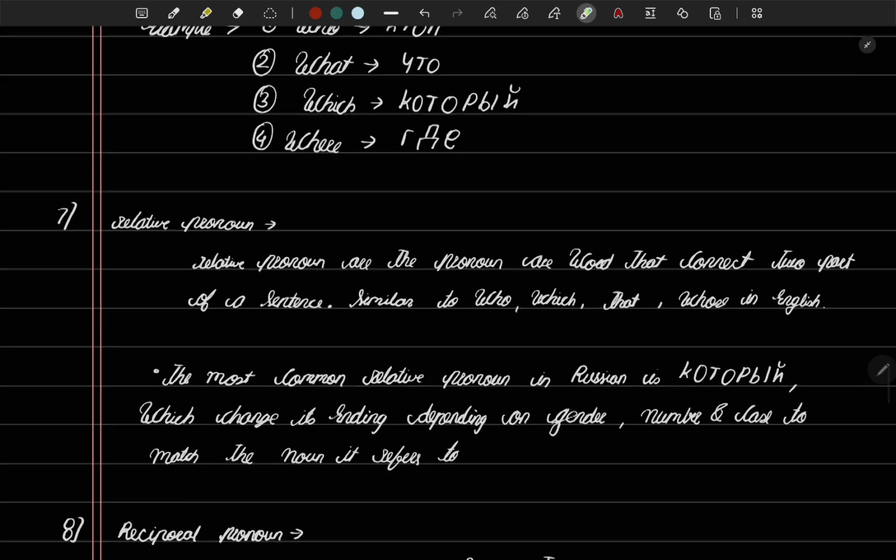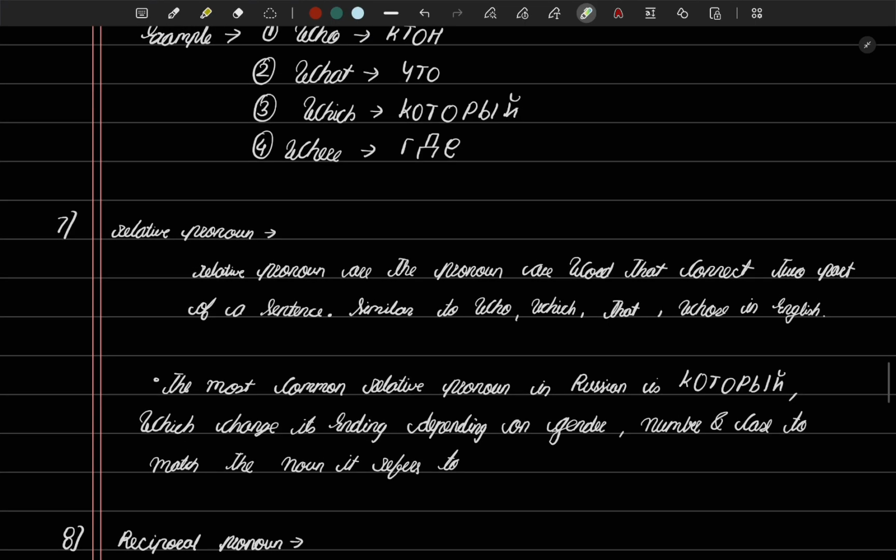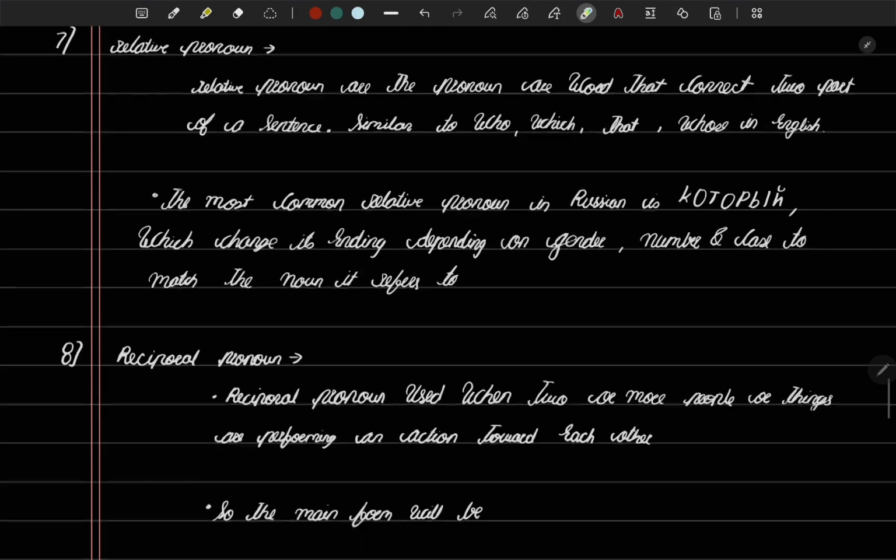It refers to the noun mentioned earlier and introduces a subordinate clause. Words like chto, kto, kogda can also serve as interrogative pronouns, but context tells you whether they are asking a question or linking clauses in a relative pronoun.